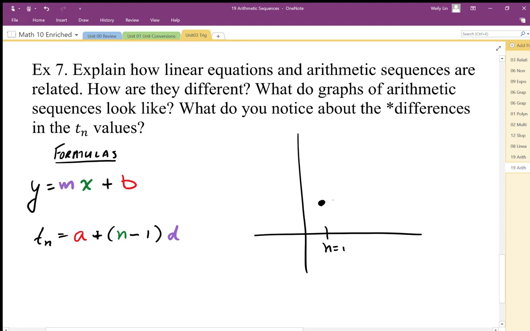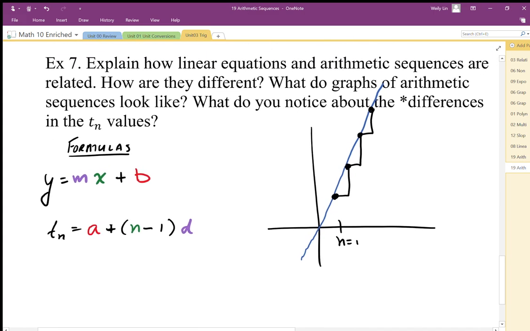So we're going to go 1 over 3 up, 1 over 3 up, 1 over 3 up. Well, when we do that, we're going to end up with a slope. And we can see that the slope values and the d values are going to be the same thing. And so in essence, the arithmetic sequence and the linear equation end up looking pretty much exactly the same.